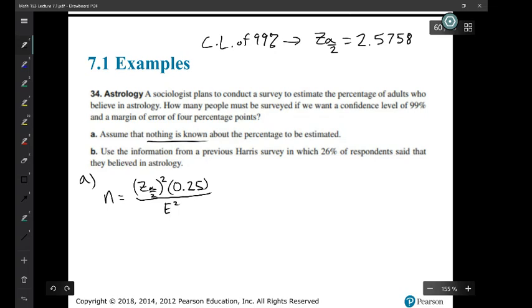That's the rounding we use. Now, an error of 4 percentage points, you don't want to leave it as a percent. So E is 4%. To do the calculation, you want it as a decimal, so 0.04.